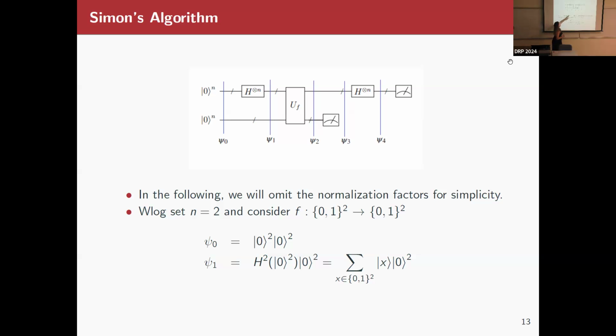In Psi 1, we apply Hadamard to the first register, our input register, and we get the sum over x in the 2-qubit system of |x⟩ tensor |00⟩. Now the first register is changed, but the second register is the same. For Psi 2, we apply U_f to both registers, input and output, and we get this expression.